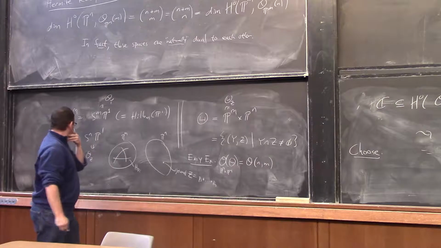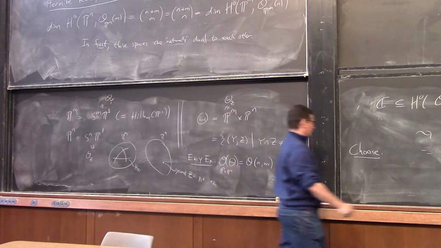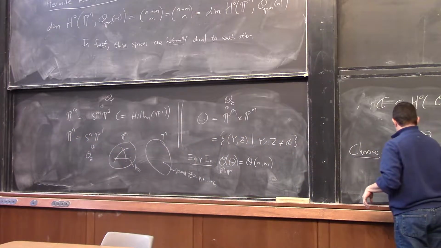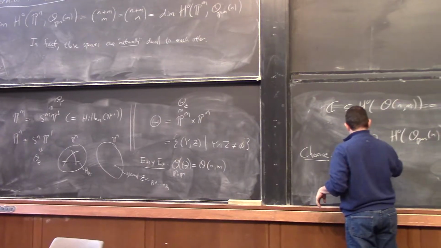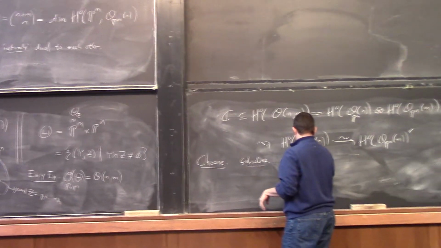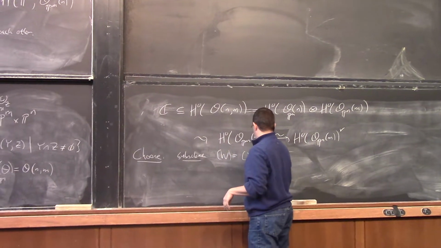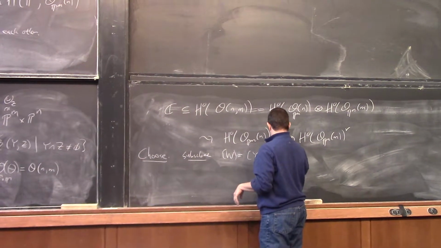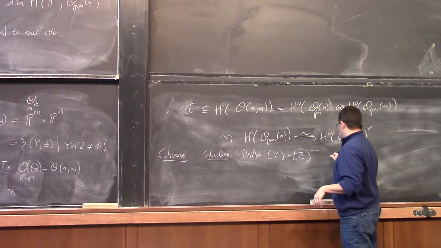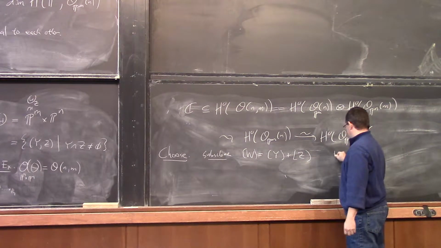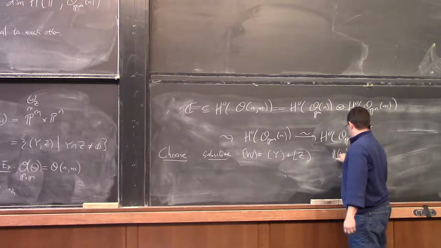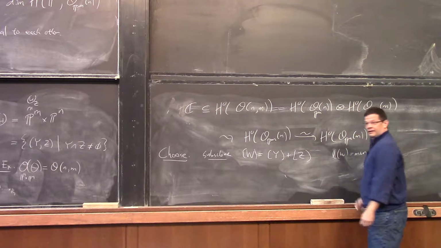And where was I going with this? So I'm going to choose a subscheme W, which I'll just say it this way. The class of W is the class of Y plus the class of Z, which is just a fancy way of saying that the length of W is m plus n.